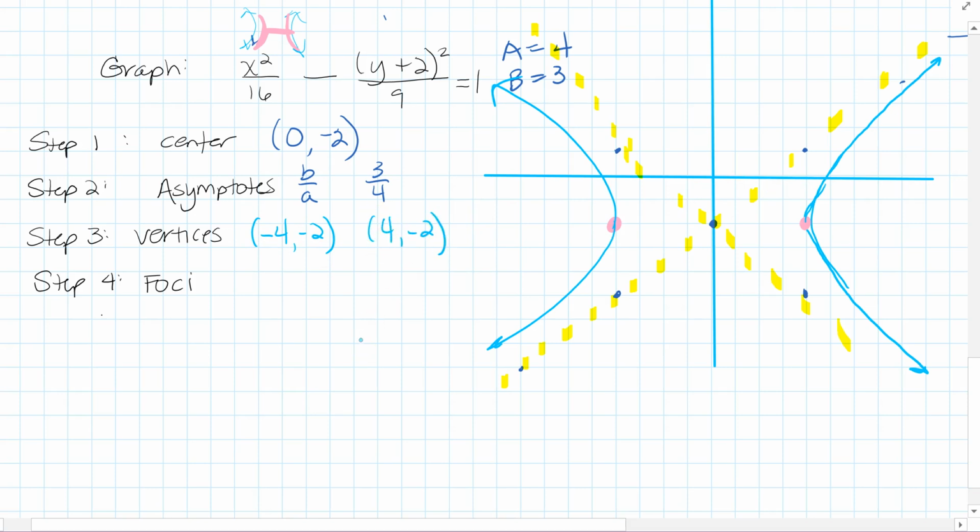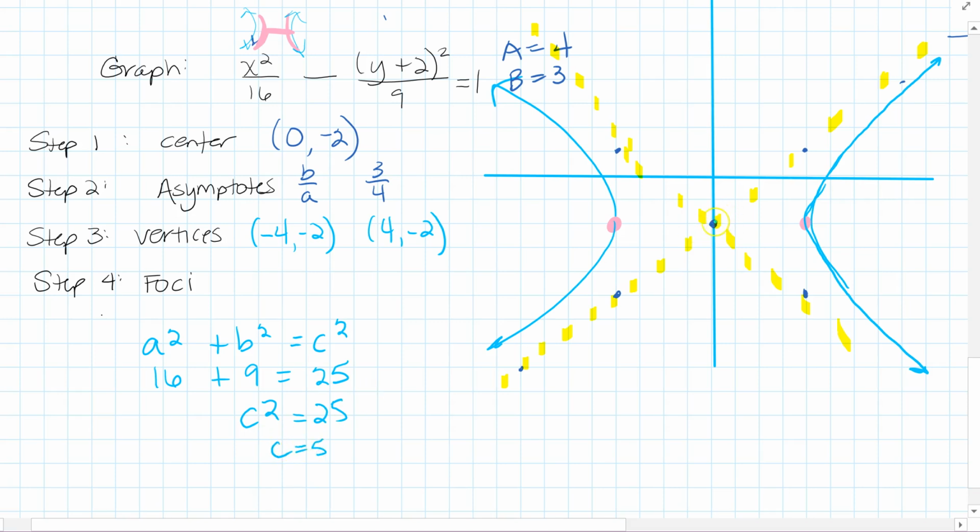And now for my foci. Your foci are going to be C units from the center. To find C, remember you do A squared plus B squared to find C squared. A has already been squared for you, and B has already been squared for you, and you get 25. So if C squared is equal to 25, then C is equal to 5.